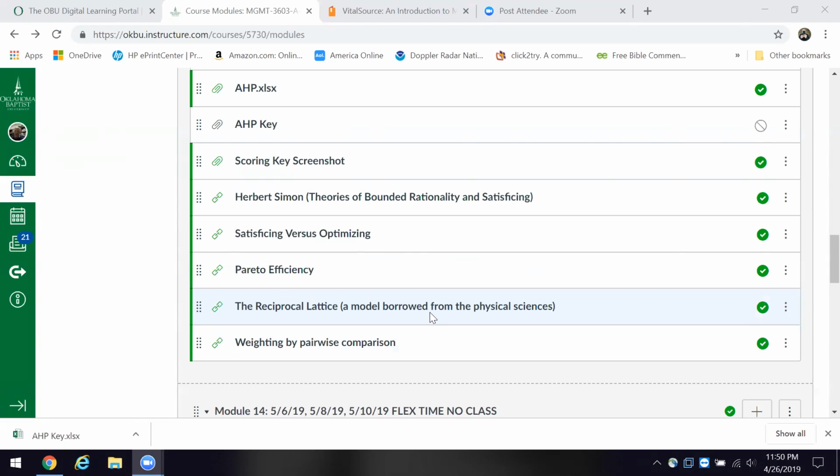It's becoming a staple in things like medicine and surgical techniques, because you can experience the phenomena before you do it for real. So we try to find a model, and a reciprocal lattice is one that works here in this issue of scoring. And then I have a link there for you for resources on weighting by pairwise comparison. I want to take a look at those.